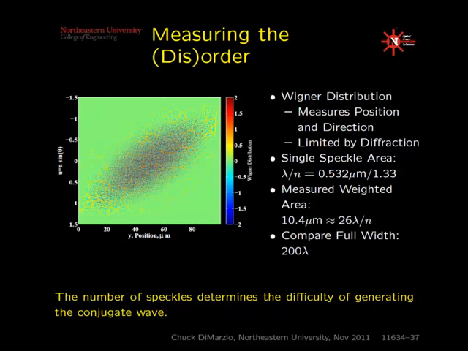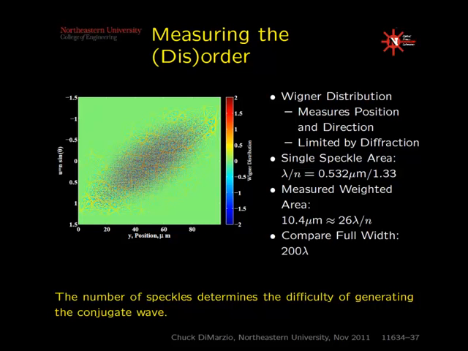In this case, 532 nanometers divided by 1.33. If I look at the weighted area here, I come up with about 10.4 microns, about 26 wavelengths in the medium. And if you compare that to all of the data that I can collect, it's 200 wavelengths. So there's still 200 real wavelengths, so 260 wavelengths in the medium.